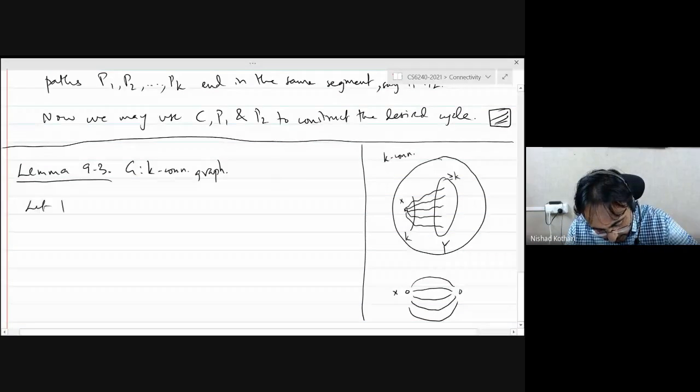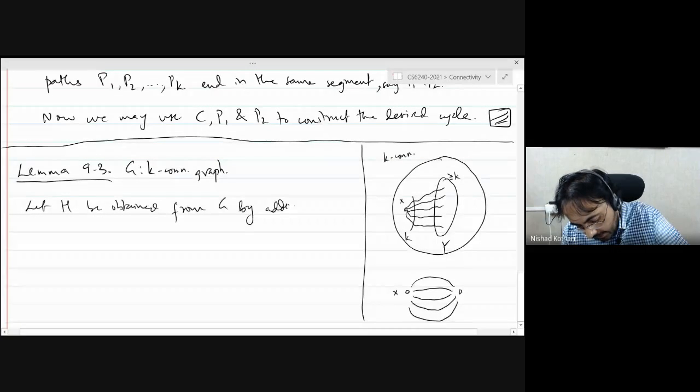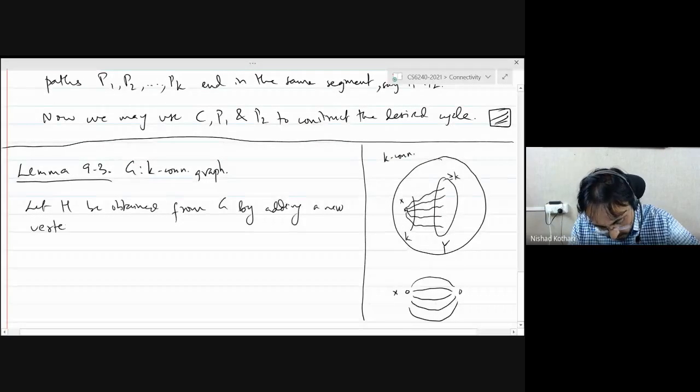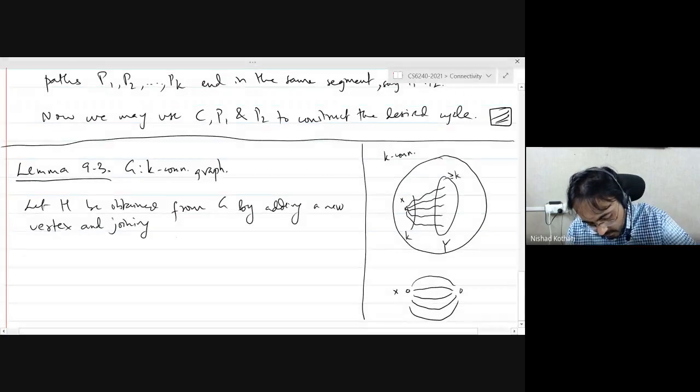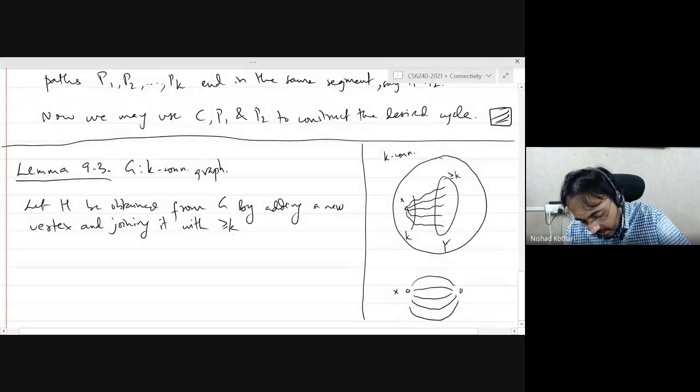Let H be obtained from G by adding a new vertex and joining it with at least k.